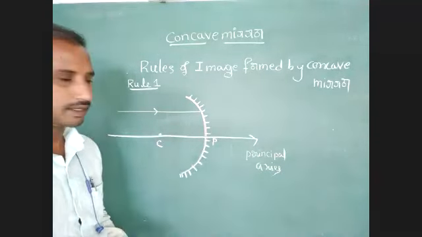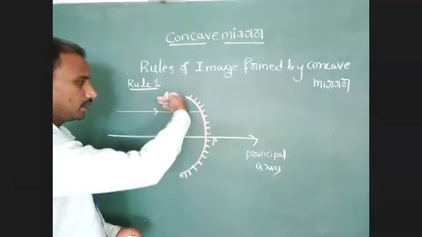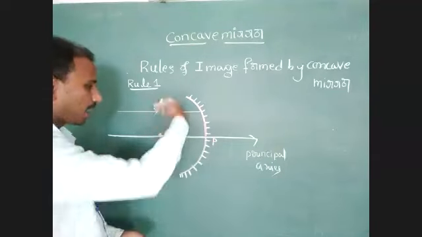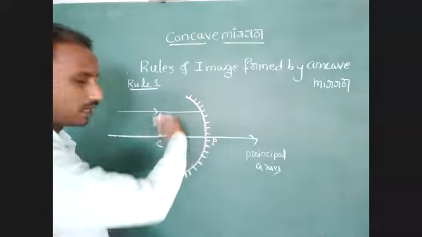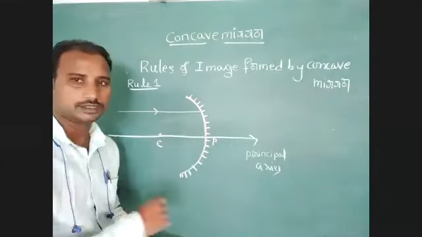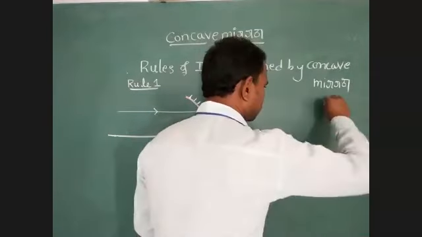We will discuss that next. This is rule 1: any incident light ray parallel to the principal axis.